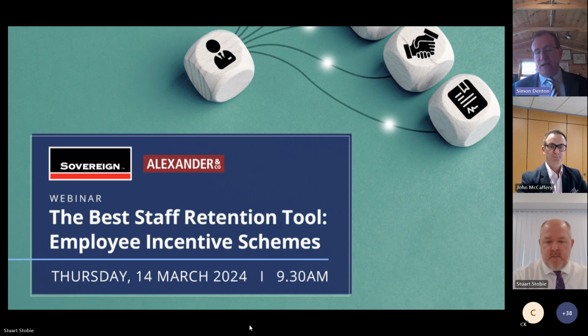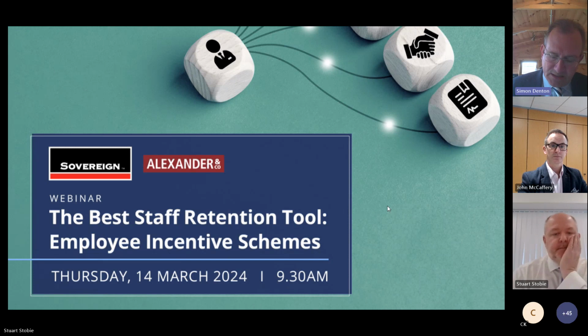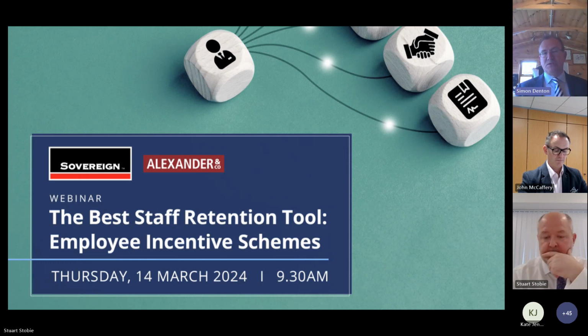The speakers today are going to canter you through why employee incentive schemes are, in our view, quite vital, and the taxed and non-taxed plans, with a particular focus on employee ownership trusts.